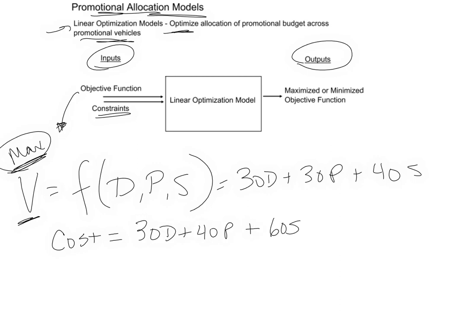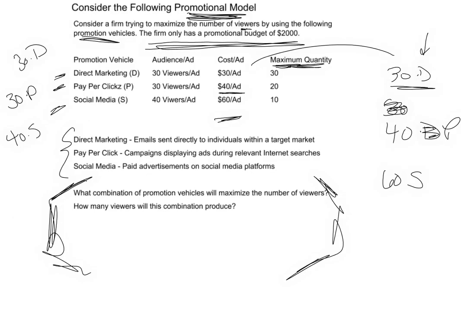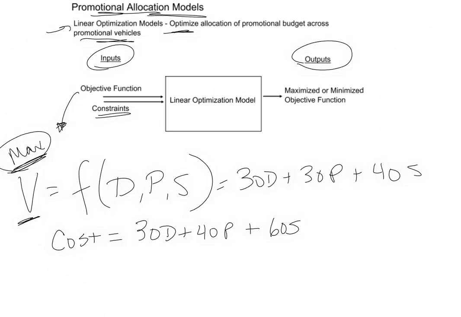This is an equation that describes the total cost of whatever choice of promotional activity you do. And more than that, we know that it can't be more than $2,000, right? So we know that this total cost has to be less than or equal to $2,000. Why? Because that's the promotional budget that our client or our firm came to us with, right?